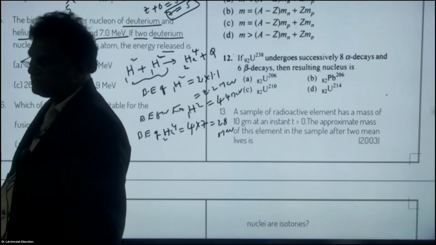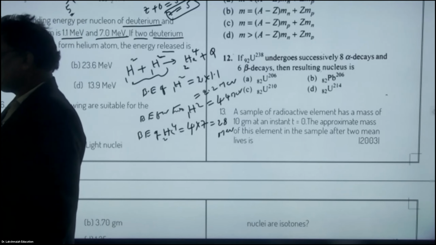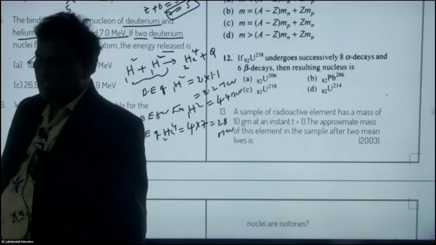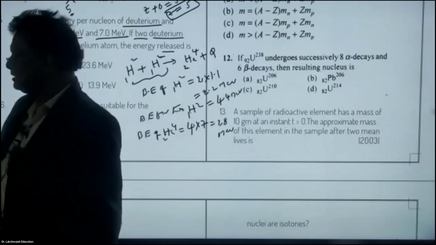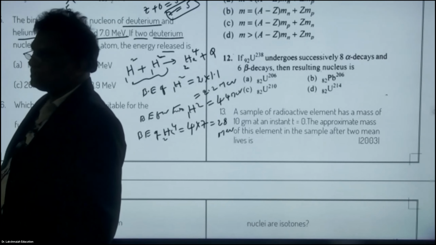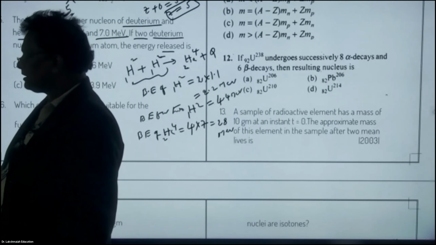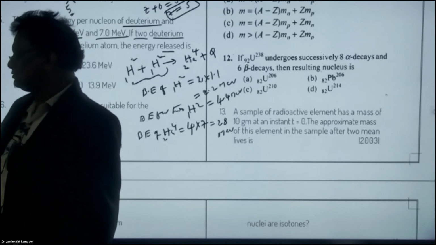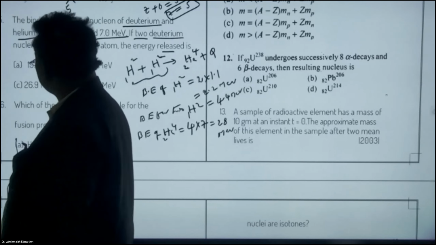Mass number means total number of protons and total number of neutrons. Total number of protons are 2, so total number of neutrons are 2. But how did you get 7? That's what I'm asking.